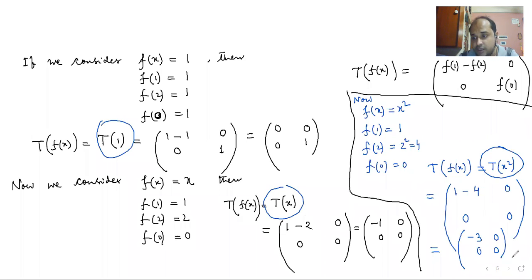In the next page, I am going to write all of this again simultaneously. We get T of 1 as this matrix 0, 0, 0, 1.